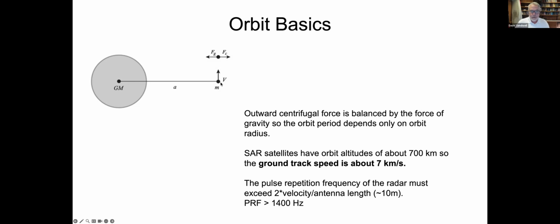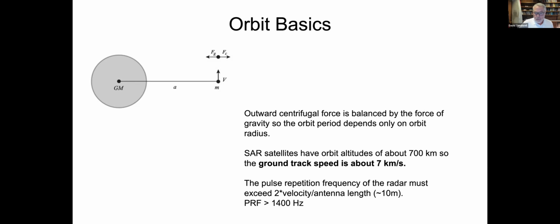And so that's the basics. And most of these remote sensing satellites are in pretty much circular orbits. And given that range of altitudes, a typical altitude is 700 kilometers. Almost all the InSAR satellites are at 700 kilometers altitude. The ground track speed is 7 kilometers per second. You can't change that number. We're stuck with that.